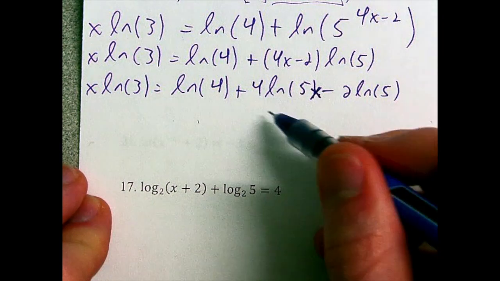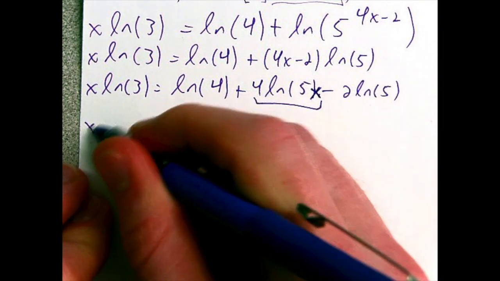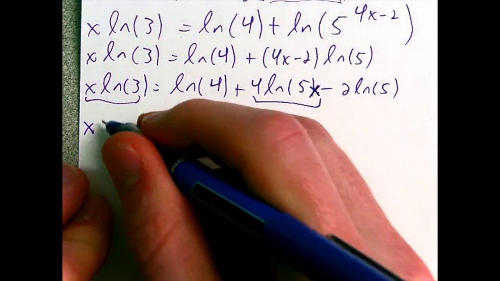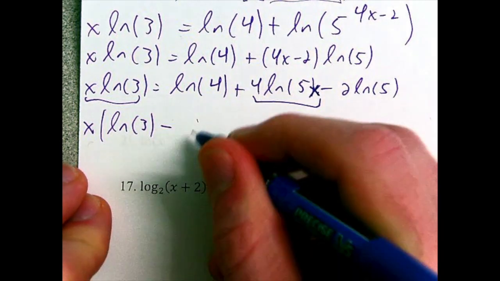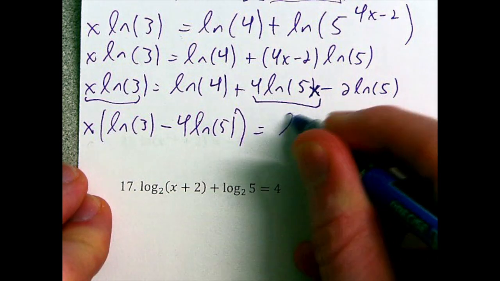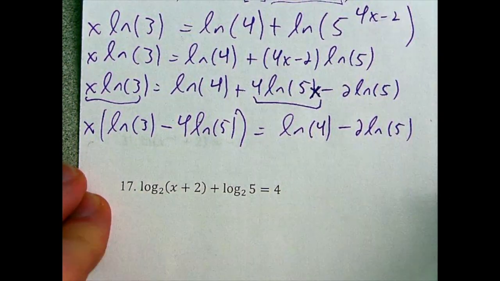So I need to bring the x's over to one side, so I'll subtract this term from both sides. I have x. When you take this thing and subtract this guy and pull out the common factor of x, you have natural log of 3 minus 4 ln of 5 is equal to ln of 4 minus 2 ln of 5.